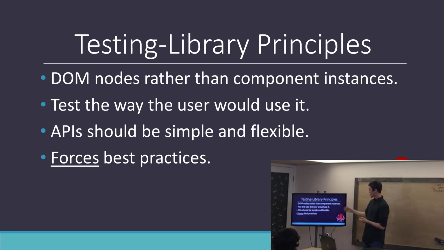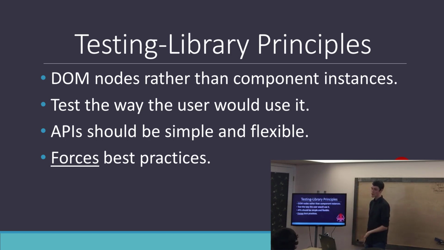Some of these bullet points I have on here are from the testing library's page called their guiding principles. They prefer DOM nodes rather than component instances, which is why I would recommend it over Enzyme, because Enzyme allows you to test component instances. They recommend testing your software the way a user would use it, and having very simple APIs, which they are.